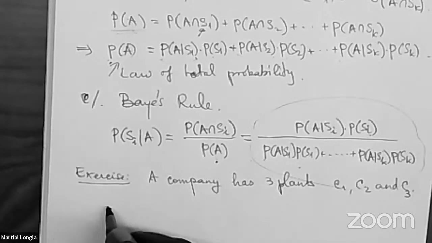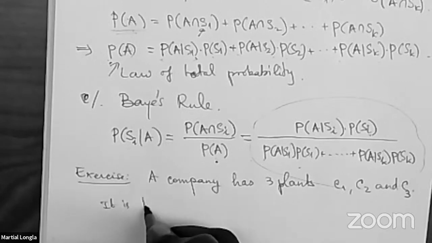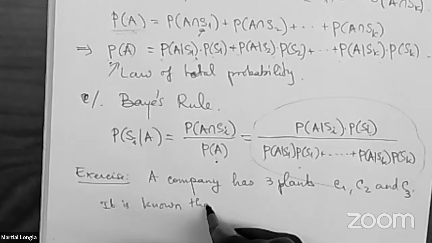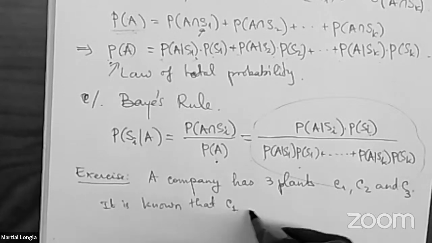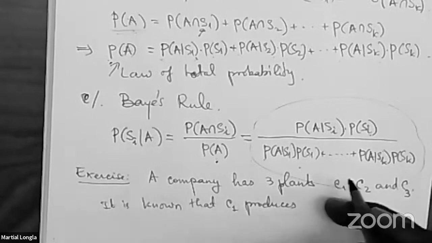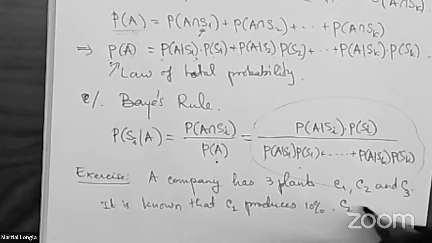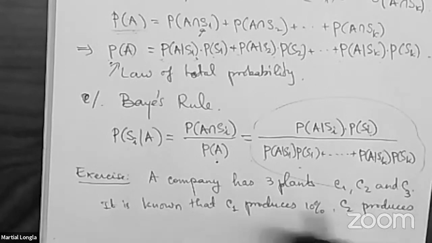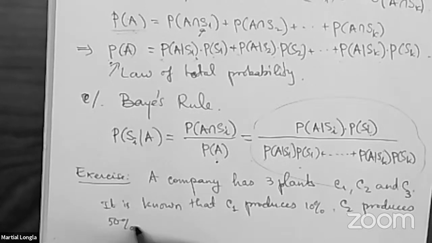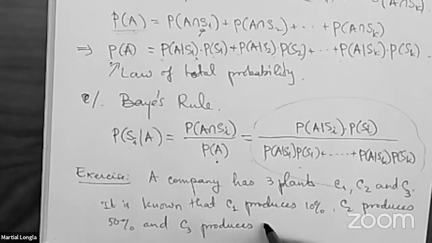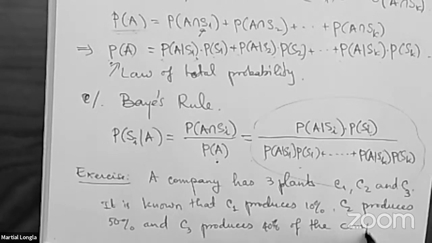It is known that C1 produces 10%, C2 produces 50%, and C3 produces 40% of the company's stock.